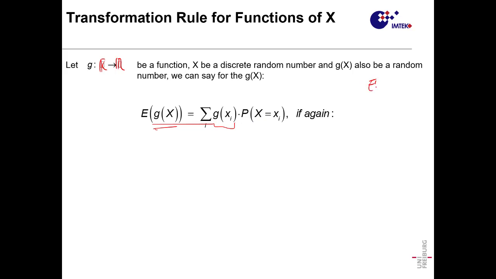So the expected value of x is the summation of x times the probability of x to happen, right? The expected value of the function is also the summation of the function valued at that particular value times the probability that you have.